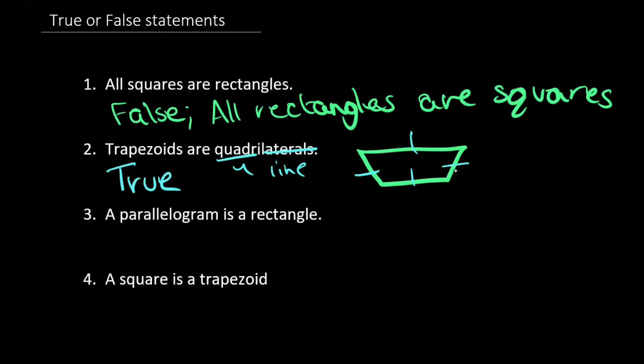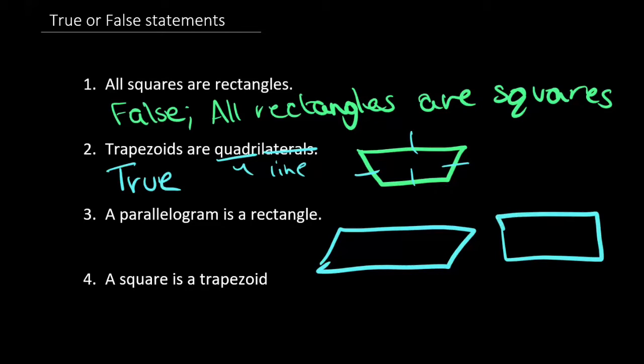Now let's move on to the next one. Our third statement is a parallelogram is a rectangle. I'll be drawing the parallelogram, so let me just draw it. Okay, oops, that's not a parallelogram. Okay, and then I'm going to draw a rectangle too. So here I have a parallelogram and here I have a rectangle. One thing that we all know is a parallelogram has two pairs of parallel lines. Let's see if that is true for a rectangle.